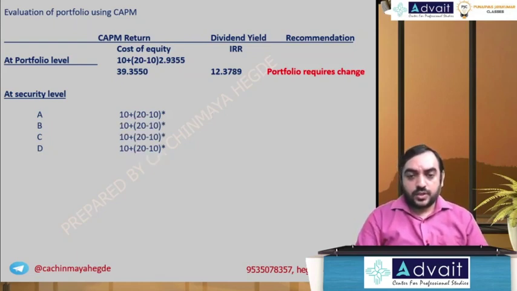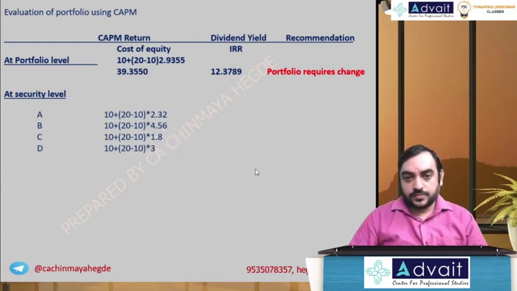Okay, so what are the beta values? 2.32, 4.56, 1.83. So what is it supposed to give you as CAPM returns?